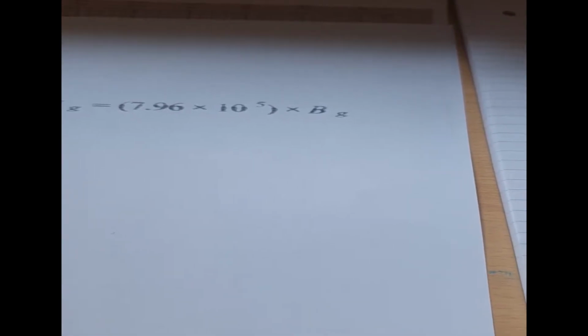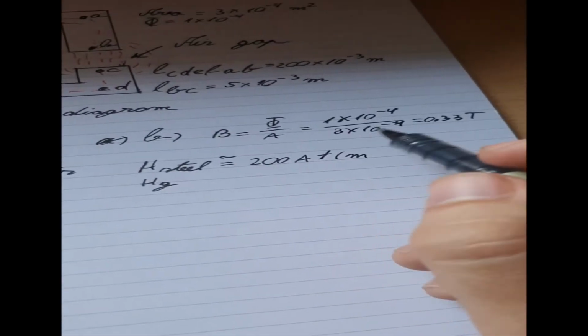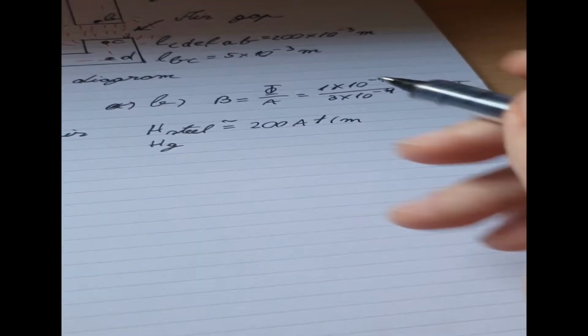Or we can rewrite it as Hg is equal to 7.96 multiplied by 10 to the power of 5 multiplied by Bg, the Tesla of air. And we know that the Tesla is 0.33.